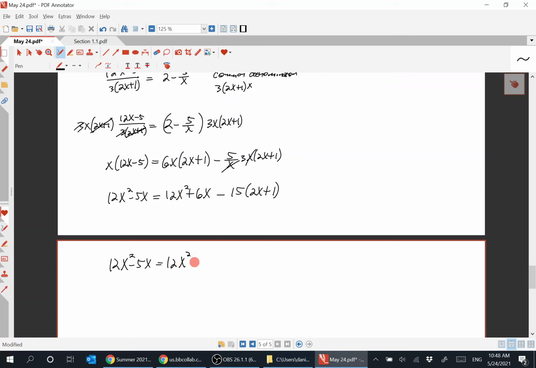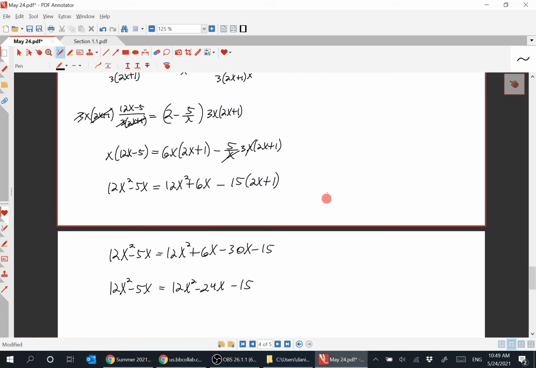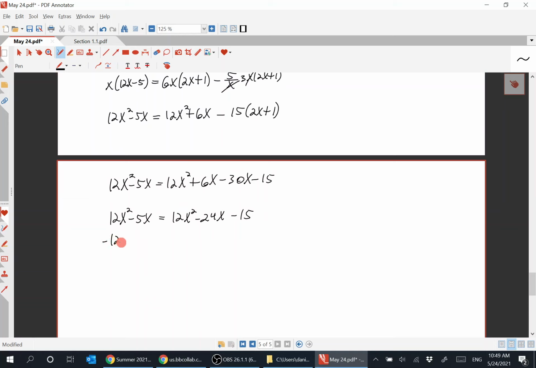Right-hand side, 12x squared plus 6x minus 30x minus 15. 12x squared minus 5x, 12x squared minus 24x, so minus 30 plus 6, minus 15. Don't like those x squareds, but they go away. I subtract 12x squared from each side, and it went away.